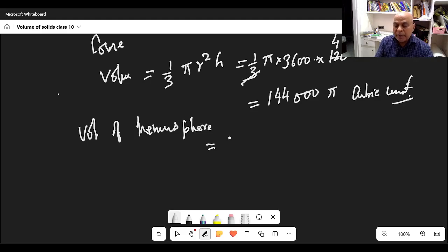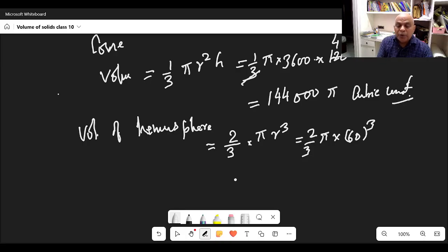So this will become 2/3 pi r cubed, that is equal to 2/3 pi multiplied by 60 cubed.